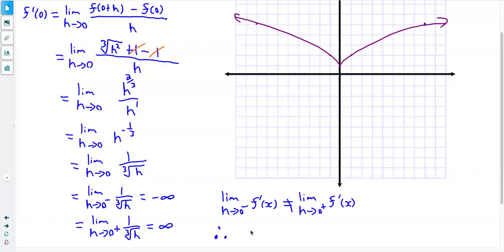Therefore, f of x is not differentiable at x equals 0.